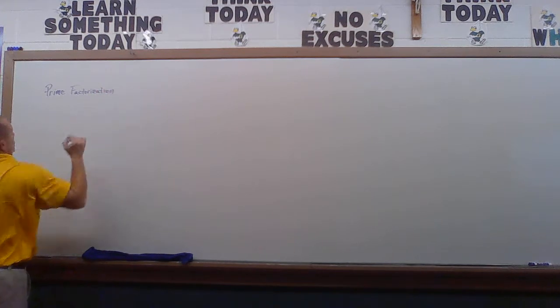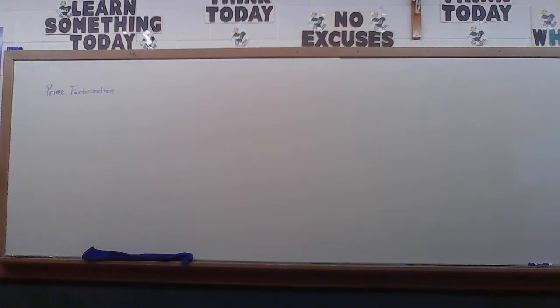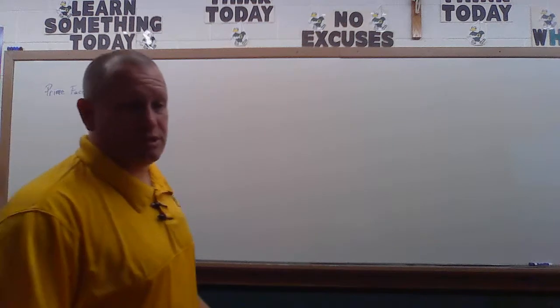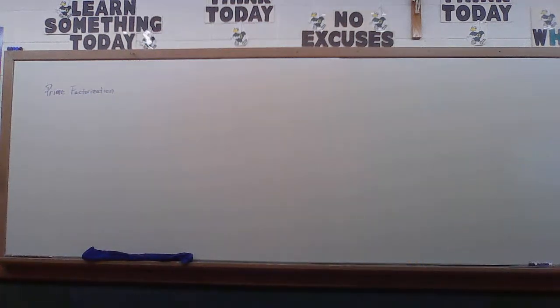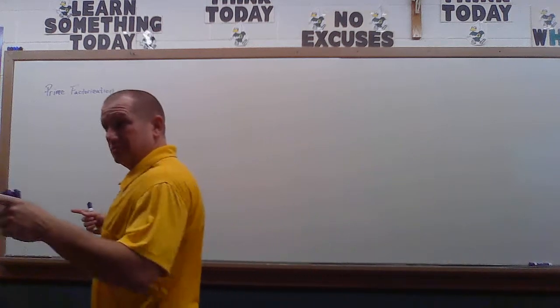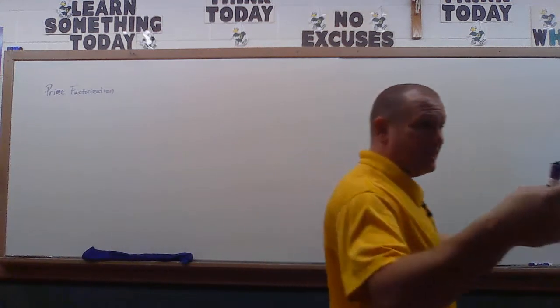So, we're going to talk about two groups of numbers again. I think we introduced this the other day. We have prime numbers and composite numbers. Remember that? What were prime numbers? Okay, well, how could you explain them? Exactly right. The factors of prime numbers are only one and itself.